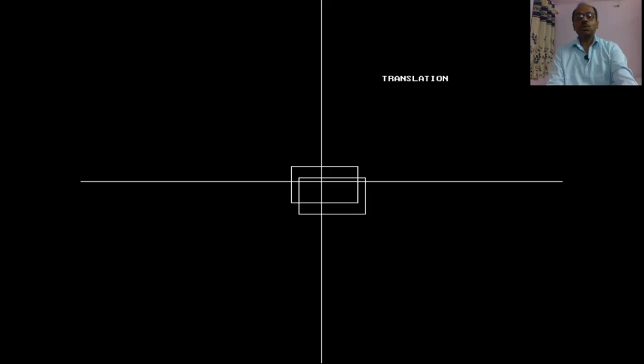I think it was visible to you all. So, this is the way by which we enter a translation factor by which we have to translate the original image object.